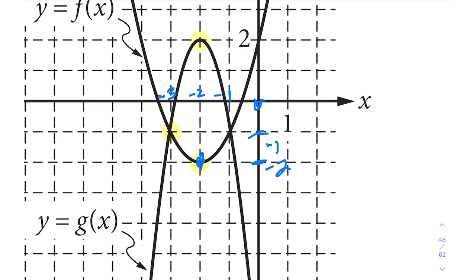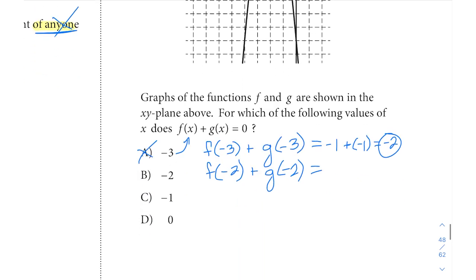And our g function, the downward-facing parabola, when x is -2 has a value of +2 on the y-axis. So this would be equivalent to saying -2 for our f value plus +2 for our g value. And hey, guess what? That does equal 0.